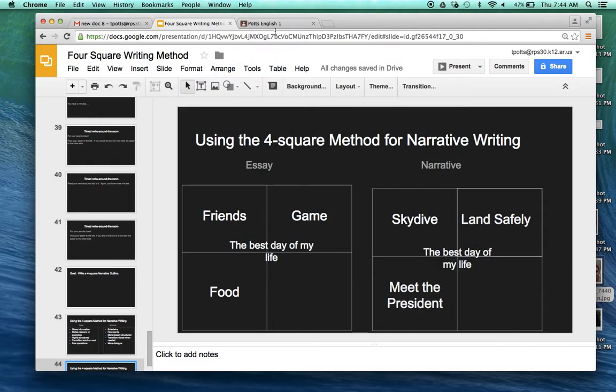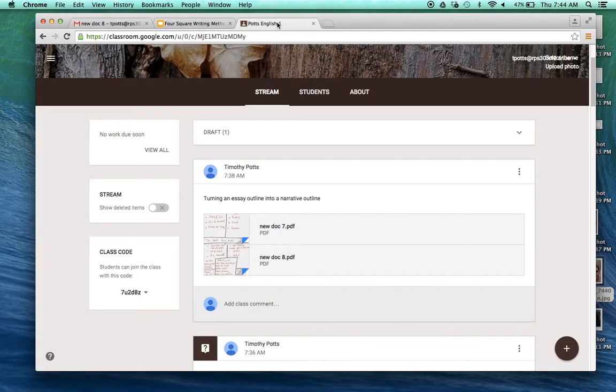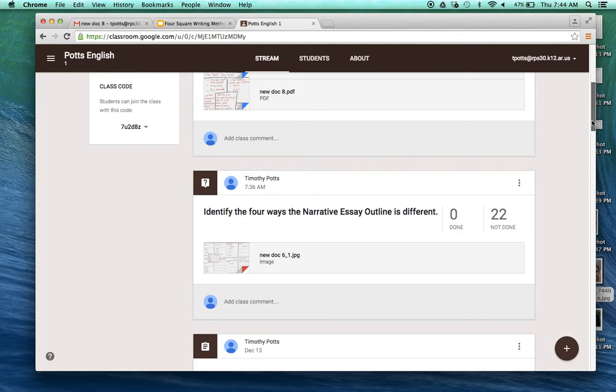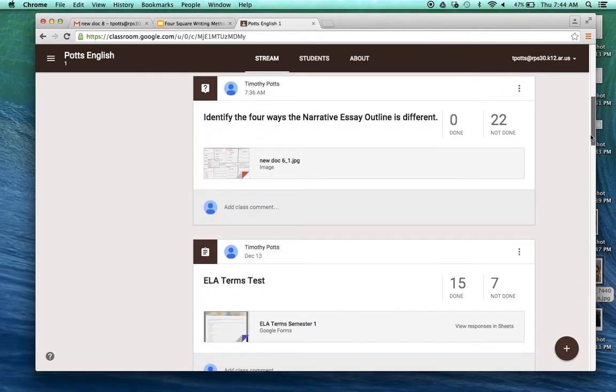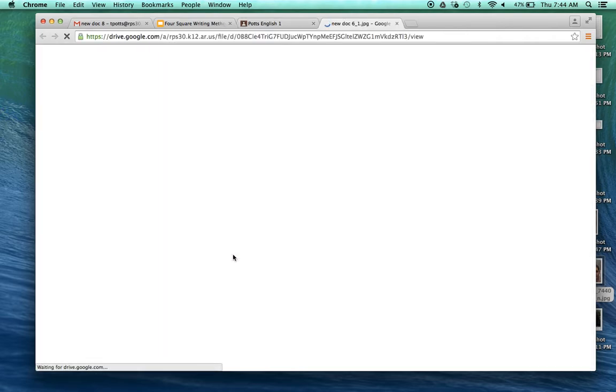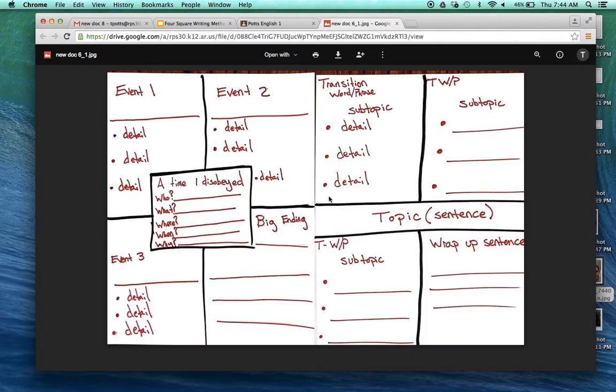I'm going to show you a better example here. When you go to Google Classroom, you're going to notice that I've posted a couple of outlines. You have the old outline that I taught you on the right, and the new outline, the narrative, on the left.